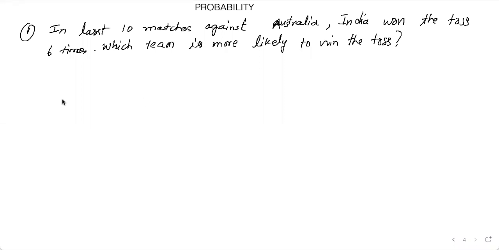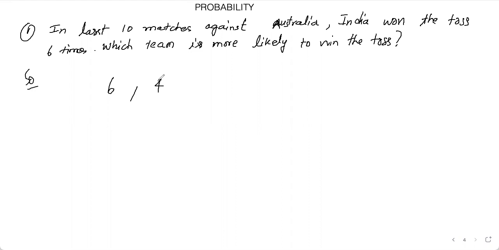It is given that in the last 10 matches, India won the toss 6 times. So this means out of 10 matches, the matches in which India won the toss is 6, and the matches in which Australia won the toss is 4.